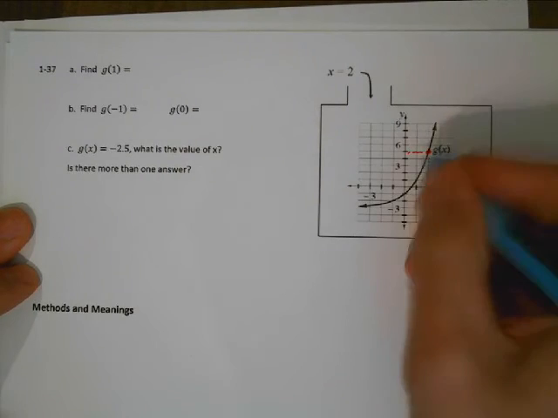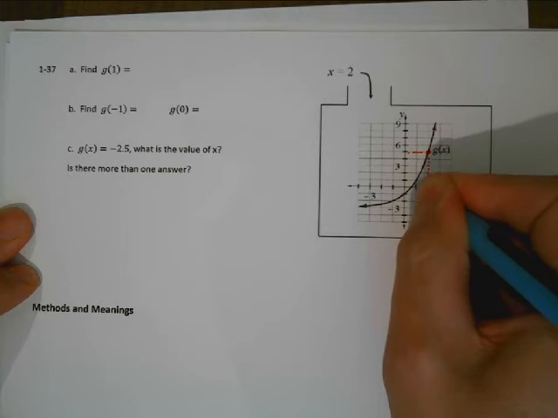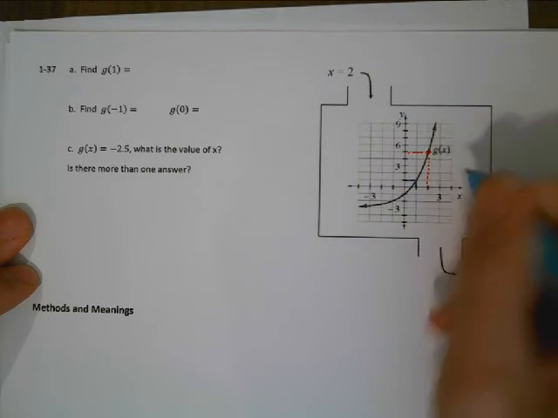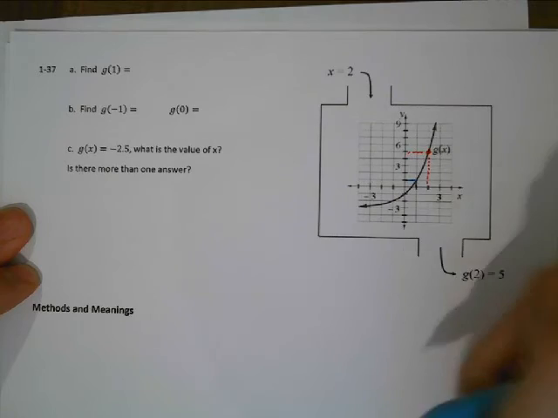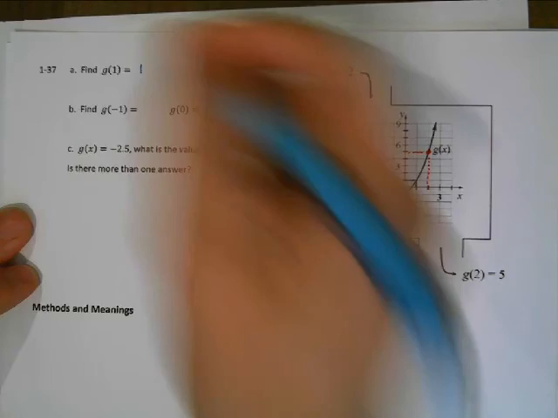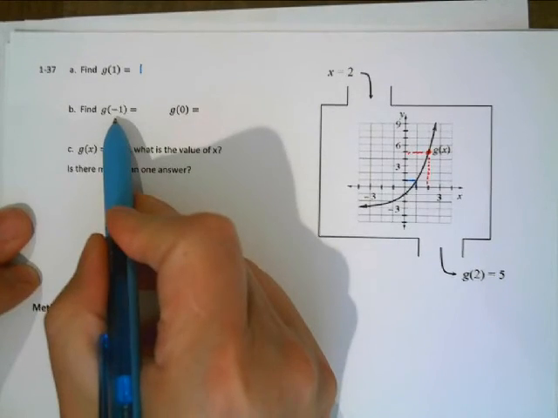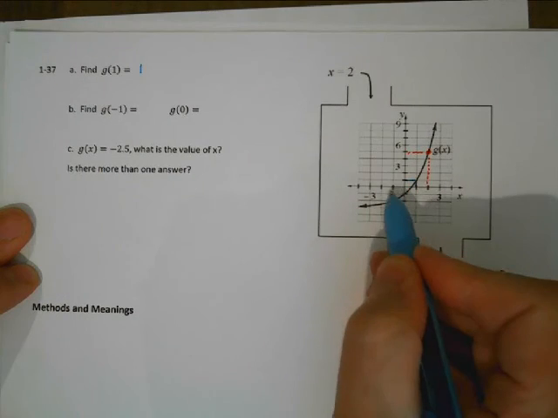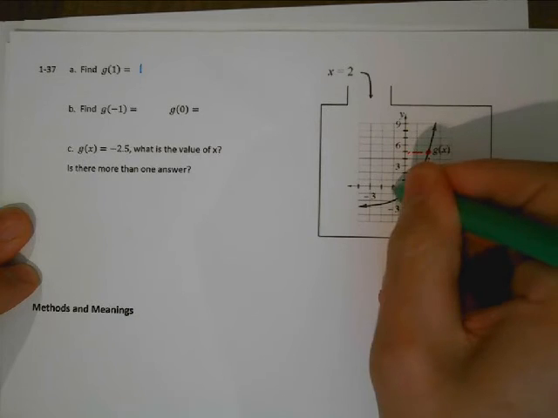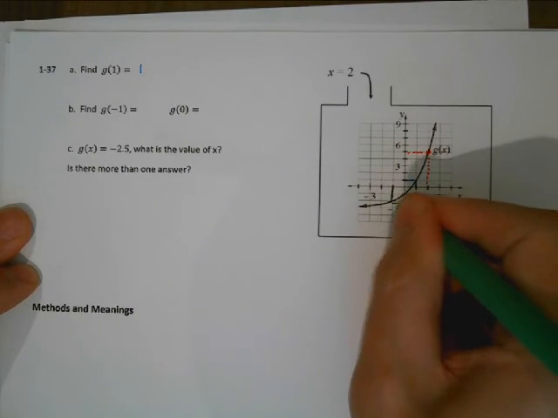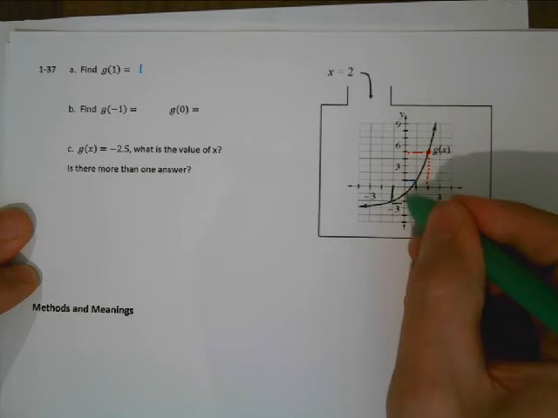The next one says I've got g of 1, and I want to find it. My input value is 1, and my output value looks like it's also 1 at this point. Input 1, output 1. X is 1, y is 1. So I would get 1. Now g of negative 1. I go over here, negative 1, down to the line, and it looks like we've got a value of negative 2.